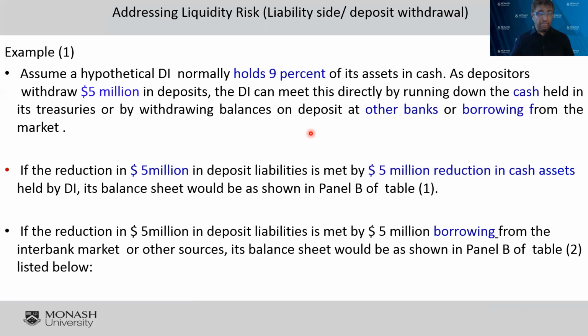So now we have four scenarios: two cases for liquidity risk from the asset side, and two cases for risk from the liability side, four cases.